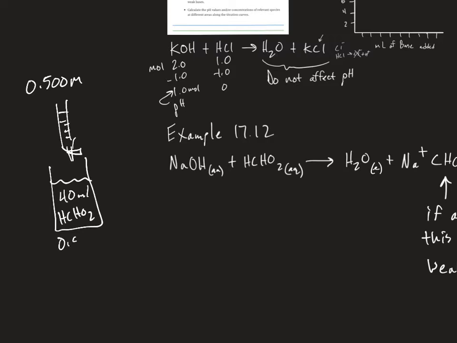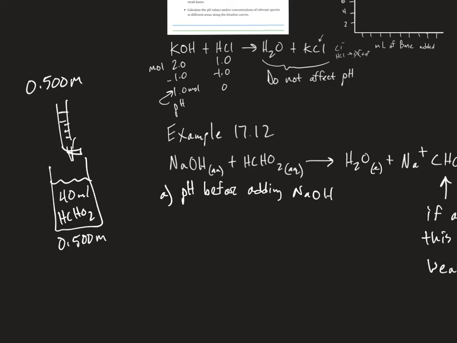And this is also 0.5 molar, which is nice for stoichiometry here. And we're going to determine the pH, part A, the pH before adding NaOH.